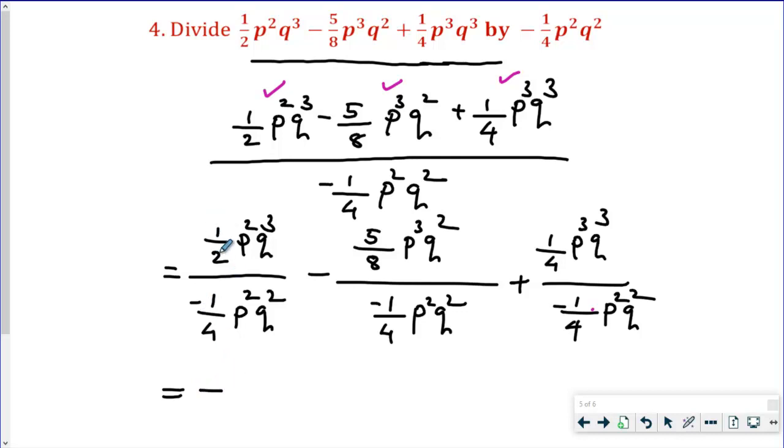Now you have to take 1 by 2 and 1 by 4, both are fractions. So we can write the first fraction as it is, 1 by 2. Now in the denominator fraction we have to take the reciprocal. Reciprocal is 4 by 1. Then you have to multiply it with the first fraction, 4 by 1. Now you have to take the variables.